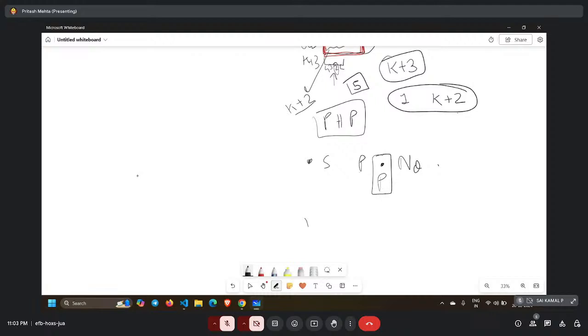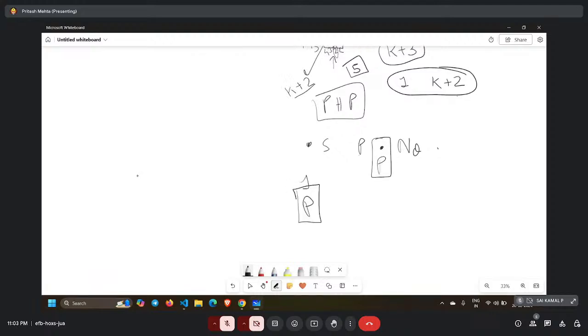This means that there can't be an S, because if there is a subsequent S, then we have to put 1 in that suffix array. So we can't have any S if we have P at the starting position.